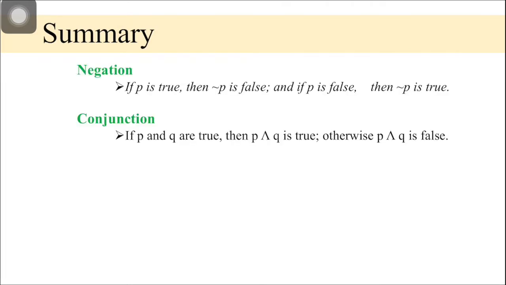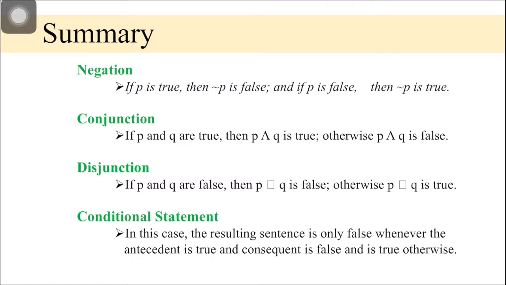Okay, summary. In negation, if P is true, then the negation of P is false, and if P is false, then the negation of P is true. In conjunction, if P and Q are true, then P and Q is true, otherwise P and Q is false.